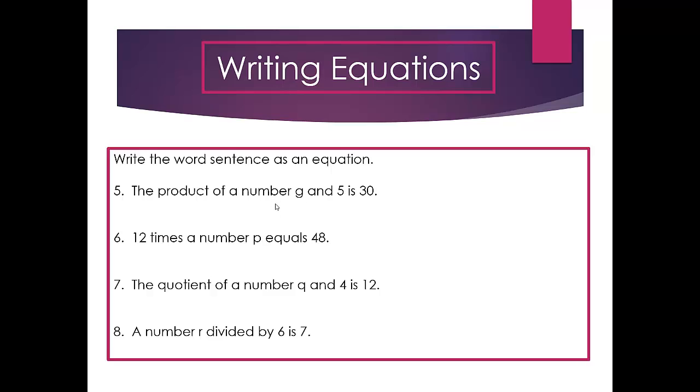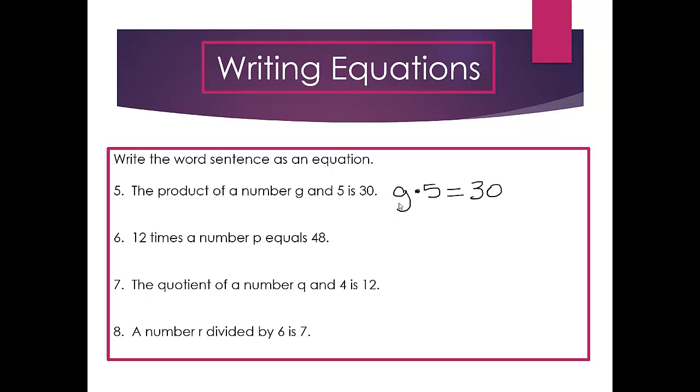We don't want to get confused as to whether x represents multiplication or a variable. So if we're going to multiply g and 5, we can have g, and then we can use a dot to represent the multiplication. So g times 5, is is our equal sign, and then it equals 30.